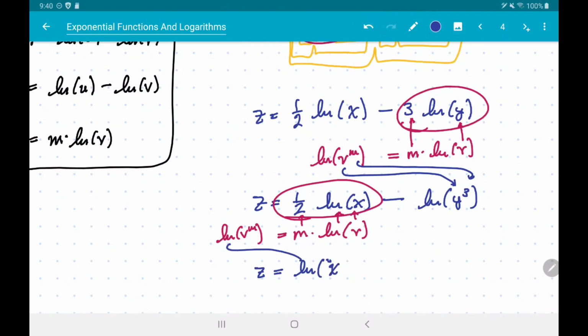And let me see, I'm running out of space for my arrows. Then I need an m right there, and the m is this 1/2. Okay, so now let me put all the arrows back in. The rest of the formula is left the same. So after one step, we've got z equals ln of x to the 1/2 minus ln of y cubed.